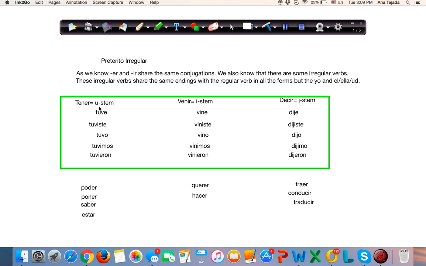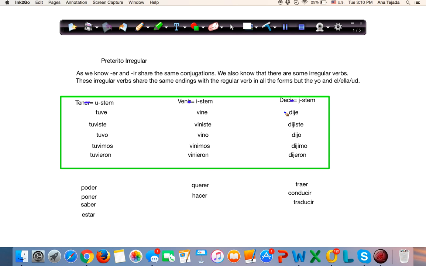Tener says U stem, meaning that the stem changes to a U. Remember that a stem means that we get rid of the ending, and the last vowel is the one that changes. So in this case, the stem changes to U. In the case of venir, we get rid of the ending, our stem changes to I, and the C, like our stem in decir, changes to J.